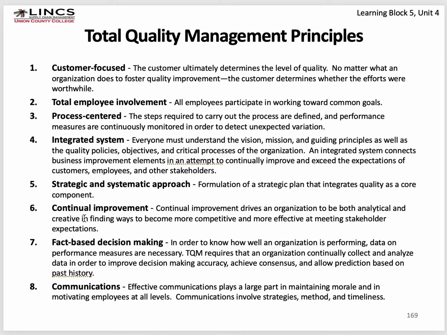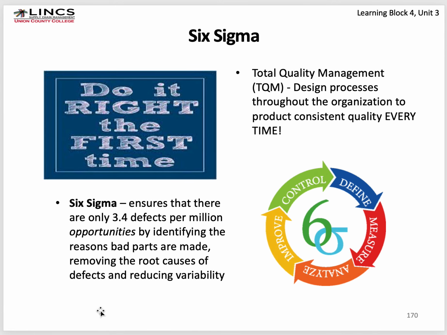Continuous improvement, fact-based decision making: require people to use numbers wherever and however they can. Things that are measurable get improved and last longer if you can do that. And then communication. So we'll talk more about this as well. Six Sigma.